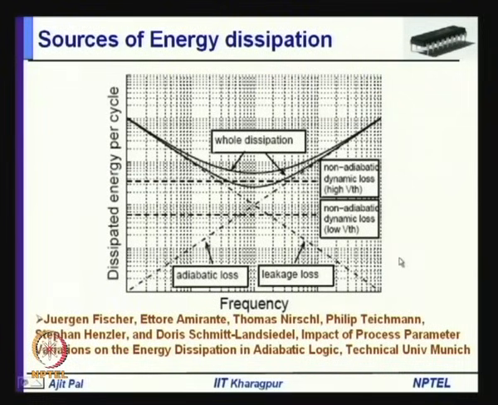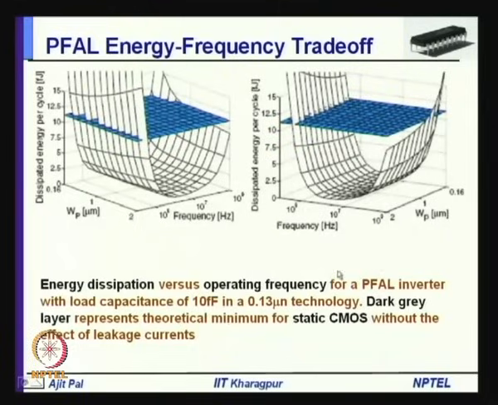They are doing all these works, and here is another simulation result. The top layer corresponds to the static CMOS, and for adiabatic p-fall circuits, it is a p-fall inverter with load capacitance of 10 picofarad, realized using 0.13 micron technology.